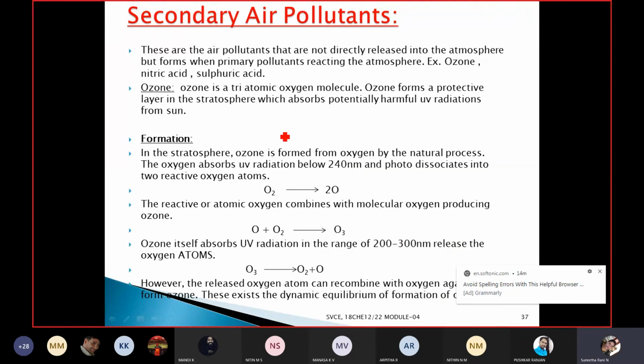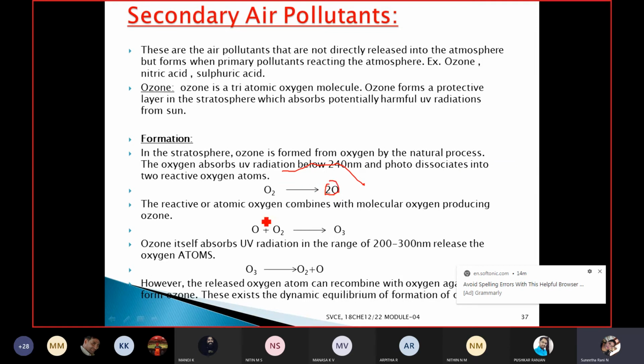See, when radiation below 240 nanometers acts on oxygen, it undergoes what is called photodissociation into two reactive oxygen atoms. These are atomic oxygen, two oxygen atoms.